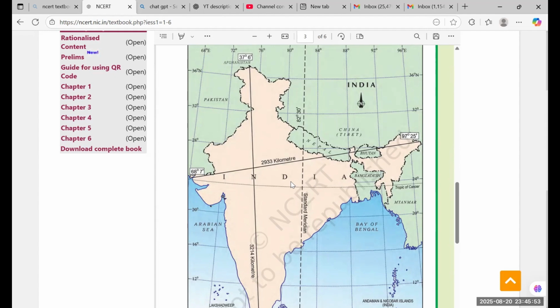Second important reason which you have to understand is that the latitudes from the equator to the poles run parallel, whereas the longitudes have maximum distance between them at the equator, but the distance between the longitudes reduces as we reach the poles.